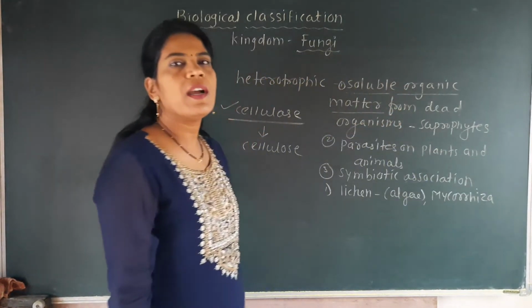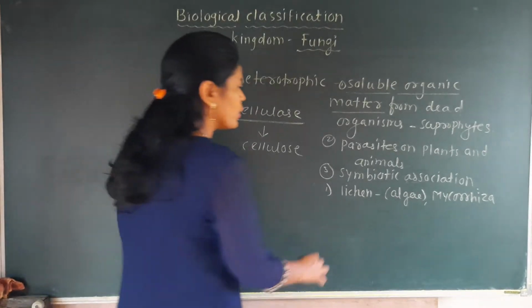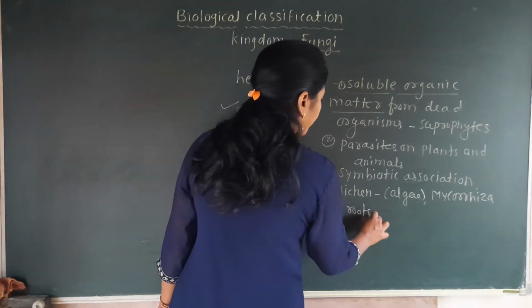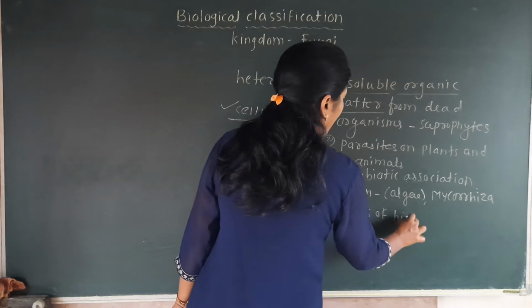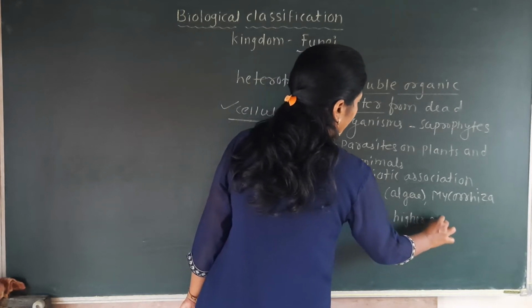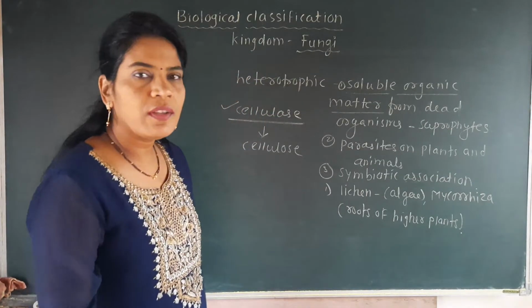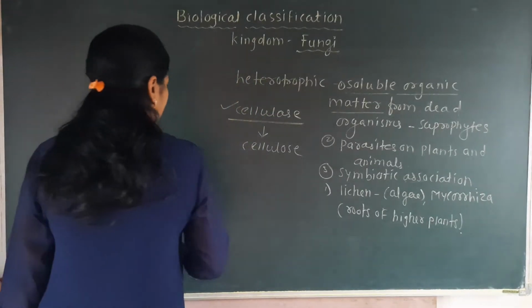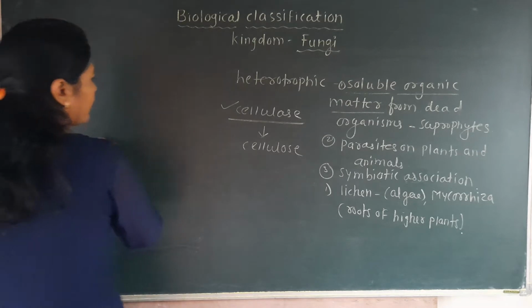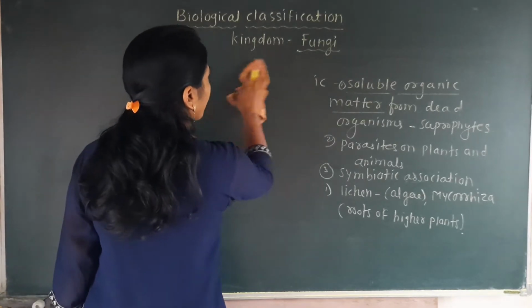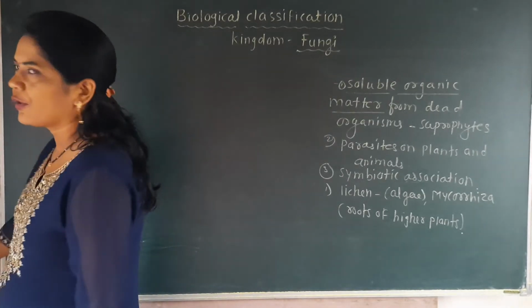Mycorrhiza is the fungi which shows association with roots of higher plants. Roots of higher plants. So lichen and mycorrhiza are the symbiotic fungi.